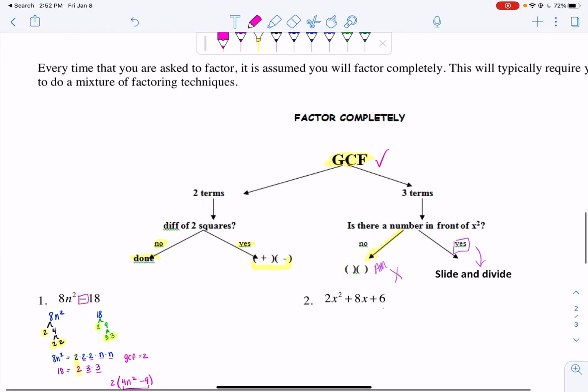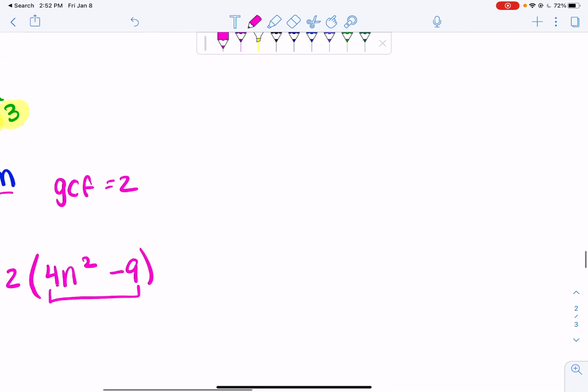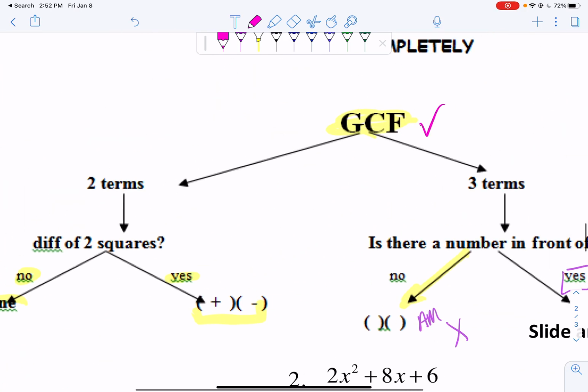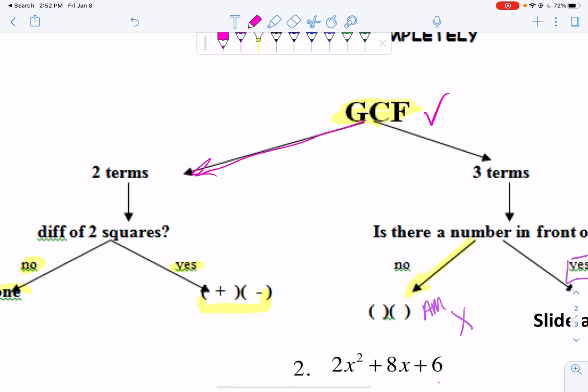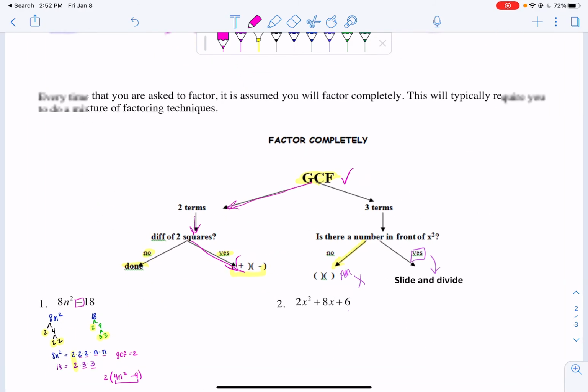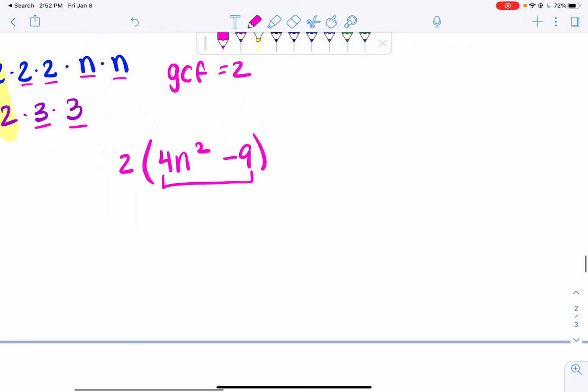I did my GCF. I have 2 terms. So I'm going to go down this slide. And I'm going to go down and ask myself, is it a difference of 2 squares? It is a difference of 2 squares. So I'm going to have to do a little more factoring. If I look, I can break apart my 4 to be 2 and 2. So I'm going to do 2 sets of parentheses, because they both have that minus and everything's a perfect square.